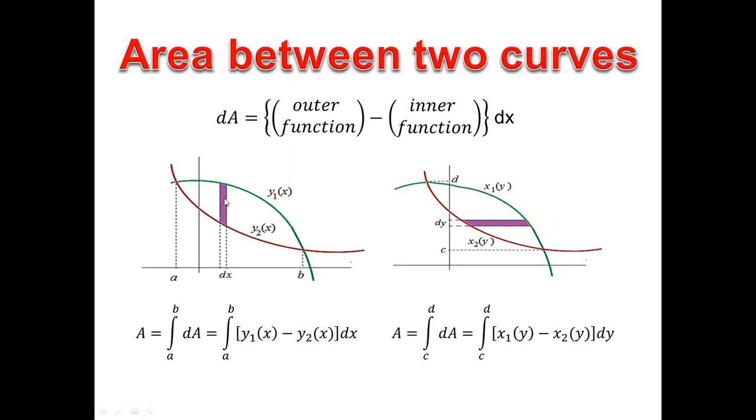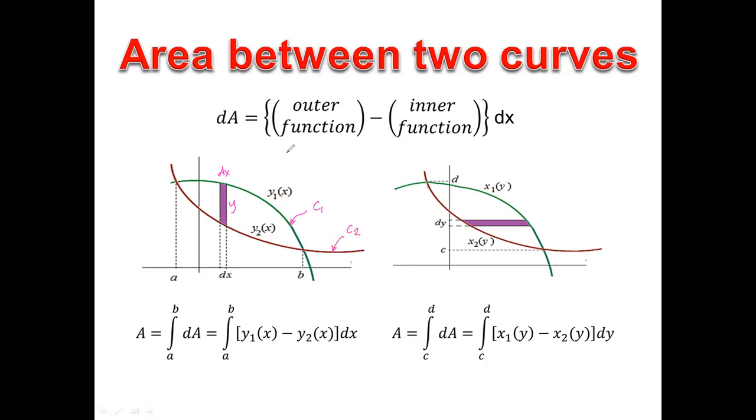So what do I mean by the summative area? Allow me to annotate here. If this is your differential area, then you have the differential dx for the width of this rectangle, and for its length, you have the y. As discussed as well, we label this as curve number 1, and this one, the brown one, as curve number 2.